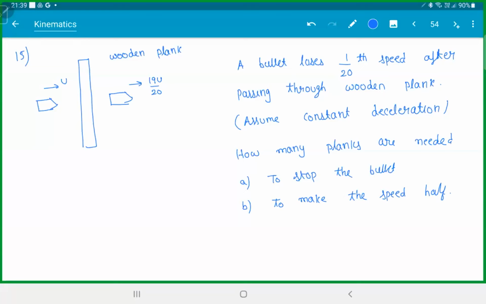So you took one wooden plank and fired through it, and the speed became 19u by 20. Now, if you take multiple planks and fire, the question is how many planks you need to stop the bullet and how many planks you need to make the speed of the bullet half.